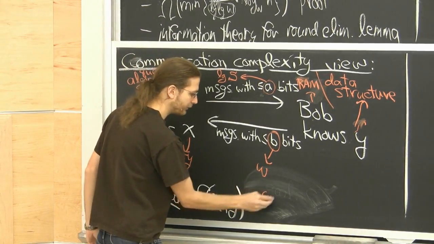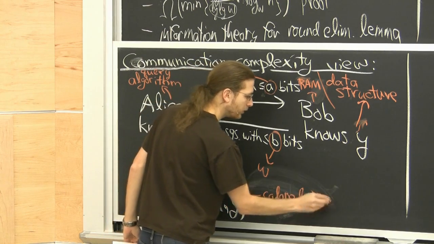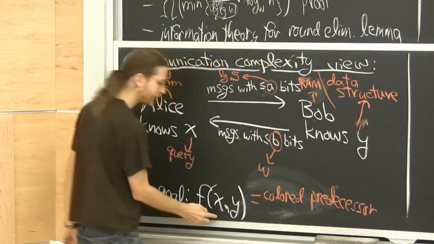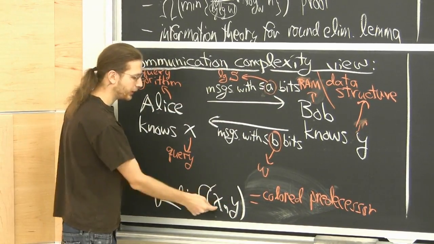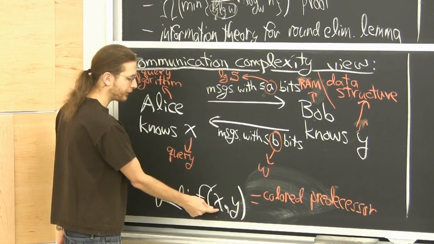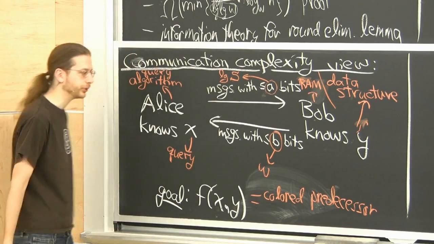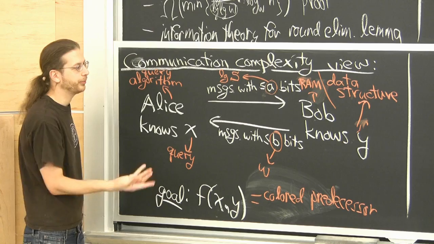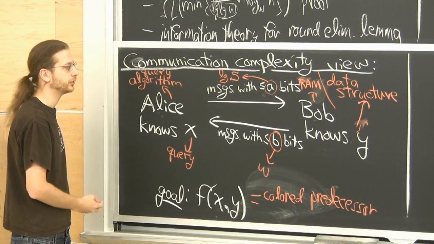This is colored predecessor. X is the query, y is the data structure, and f of x,y is: is it red or blue? Is the predecessor of x in the set represented by this data structure red or blue? So it's one bit of information. Alice could then tell the bit to Bob, but actually in this model we just want Alice to know the answer.